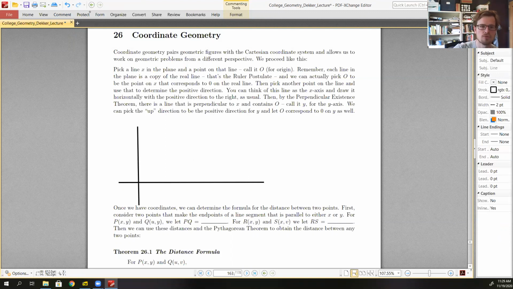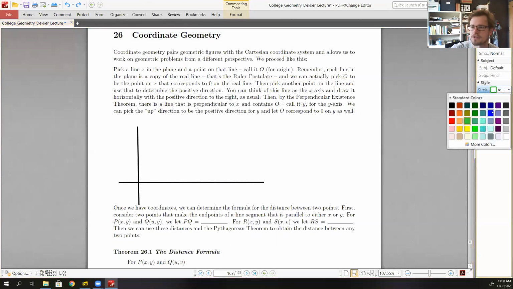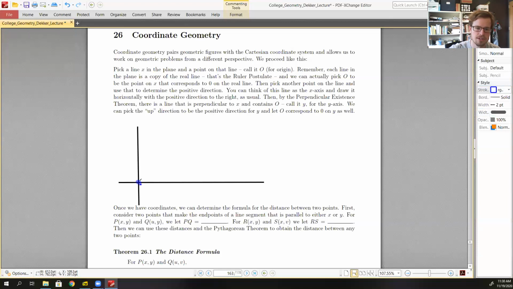And we can even choose the point that we are using for the origin, 0, 0. And we can do this in part because for every line we have a one-to-one correspondence with the real numbers. So we can choose that correspondence in such a way, or identify the point O, where you're identifying that with 0 on the horizontal numbers.